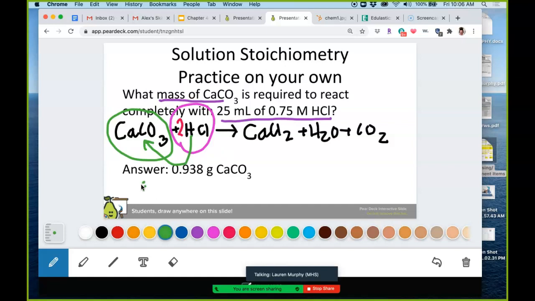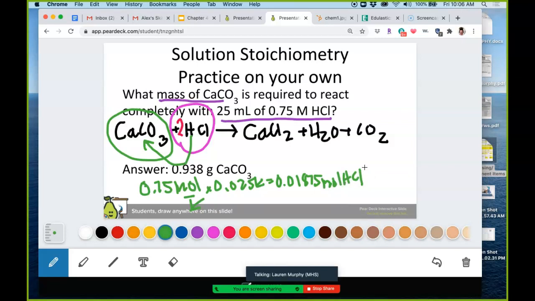So I'm going to do this down here. 0.75 moles per liter, that's what molar means, times 0.025 liters gives me 0.01875 moles of HCl. Both of those numbers belong to my hydrochloric acid.